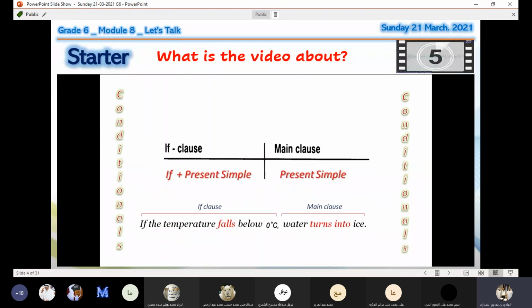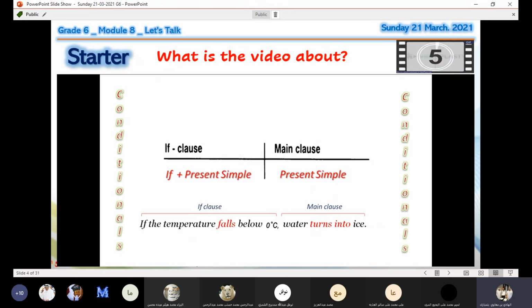If the temperature falls below 0 degrees, water turns into ice. This conditional is used when the result will always happen. So, when the temperature falls below 0 degrees, water always turns into ice. It is a fact. I'm talking in general, not about one particular situation.